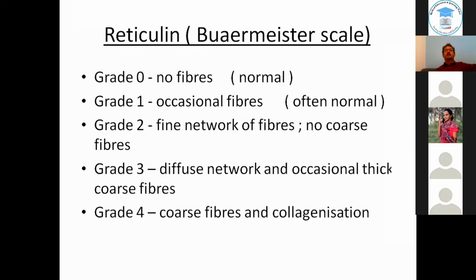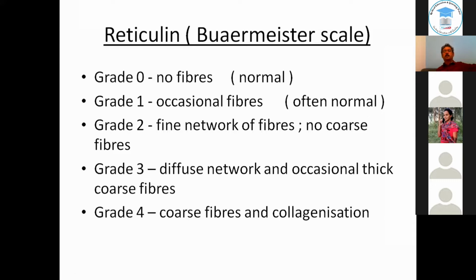You do a reticulum stain on 100% of your biopsies, I repeat, 100% of your biopsies, and grade it from 0, which is no fibers, which is normal, to 4, which is coarse fibers and collagenization. Do note here, I've written for grade 1, occasional fibers is often normal. That's because I spoke to my hematologist yesterday and asked him how he interprets grade 1s.